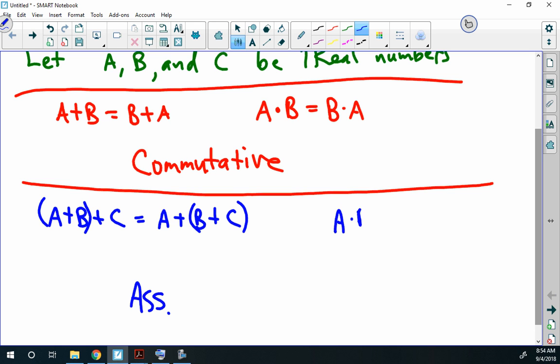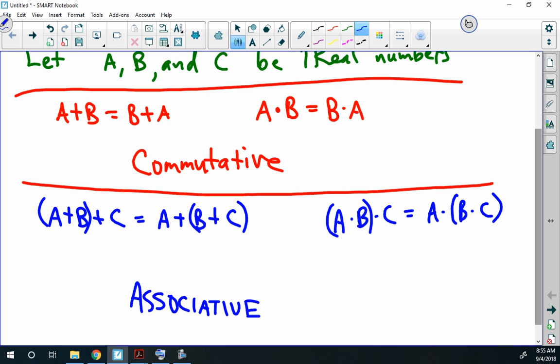If you have A times B times C, that you'll get the same thing if you have A times B times C. Okay, so because you're just moving parentheses around, that's the associative property. And of course, one's of addition, and one is of multiplication. Those are the easy ones, right? You learned those in like, what, 5th grade, 6th grade? Good.